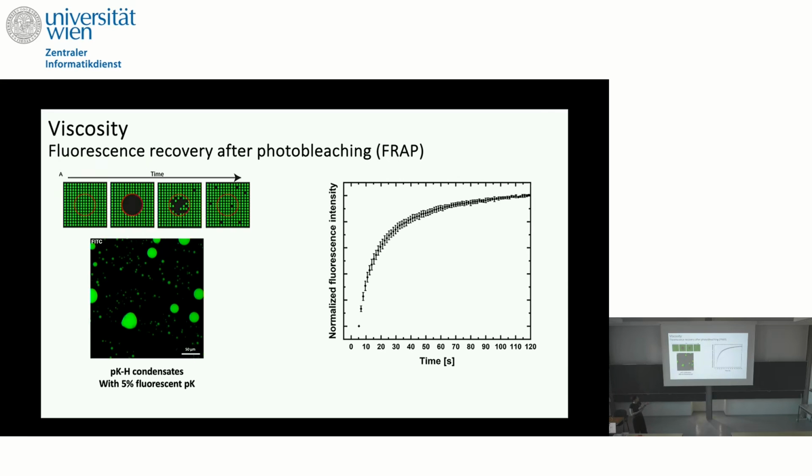And then you have the recovery of the system, and we saw the equations of that yesterday in another talk. From the fitting of the recovery, you can get the diffusion constant, and from that you can get the viscosity.